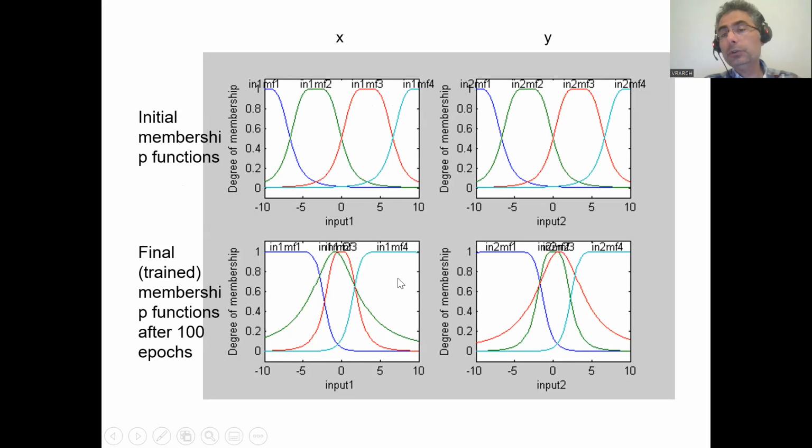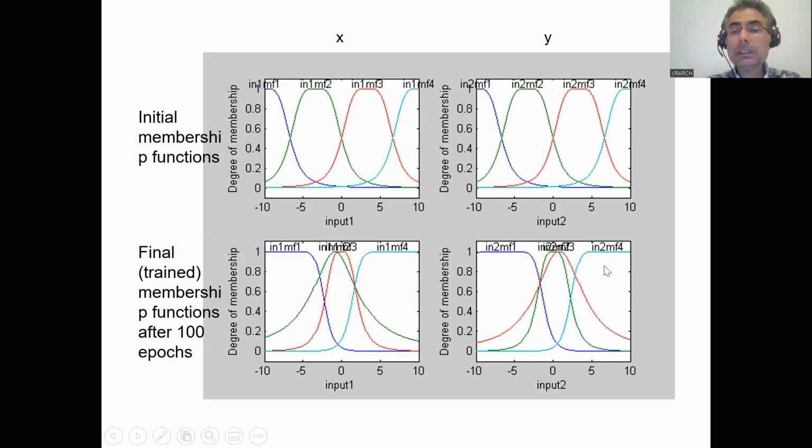But after you learn this using the gradient descent method, after 10 cycles, 10 epochs, you can see that it has actually changed. It means that the way you train helps the system learn the values of the parameters of your membership function.